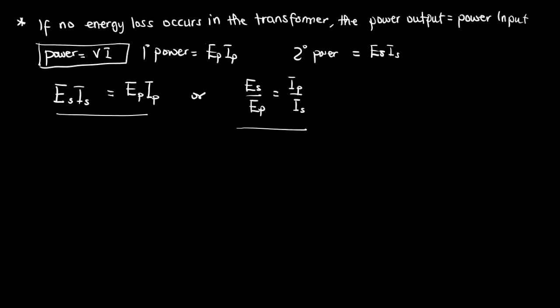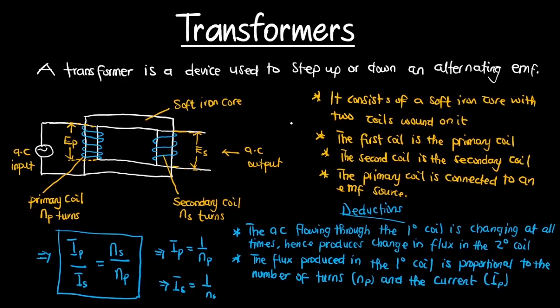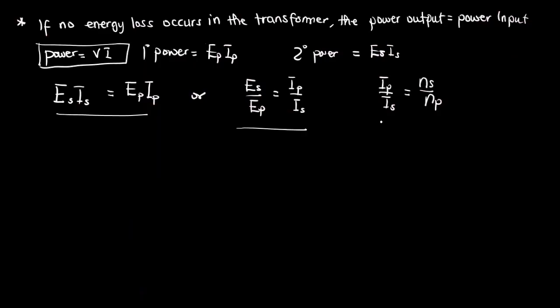This is just like dividing, making the EMFs stand at one place and the currents also at one place. So this is the expression that you get. Now remember, earlier on we also said that IP over IS is equal to NS over NP. That is what we looked at over here.